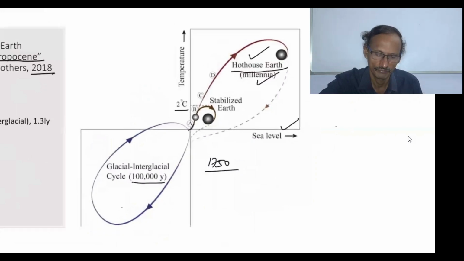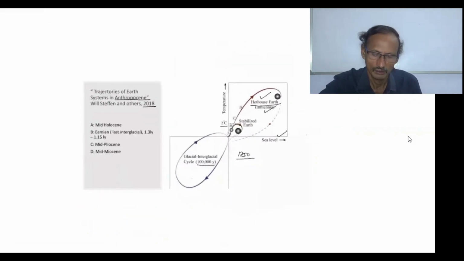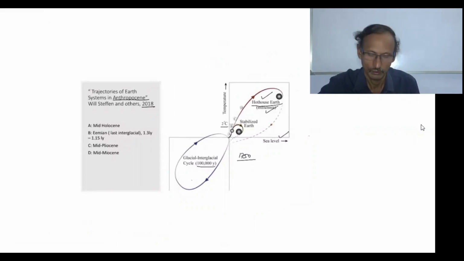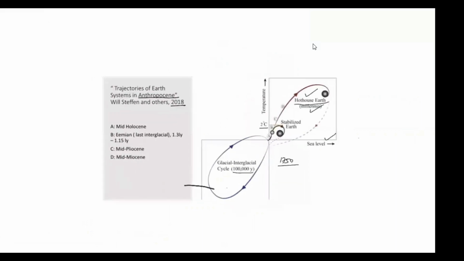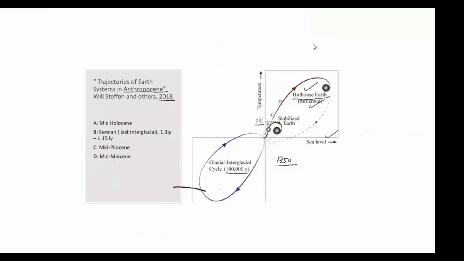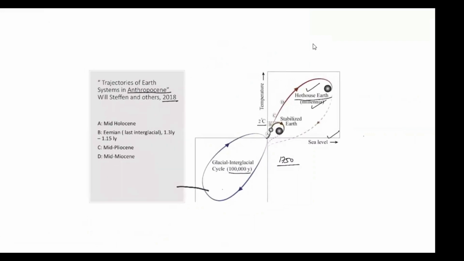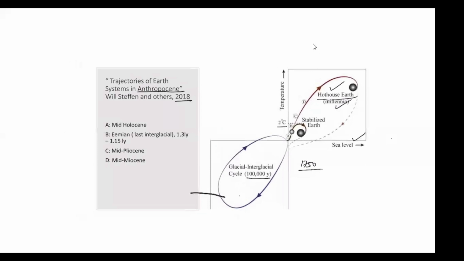For example, A is a mid-Holocene, and B refers to Eemian. Eemian is the last interglacial temperature.